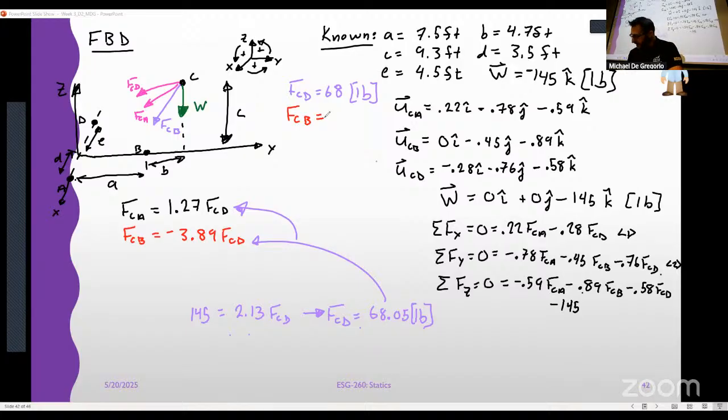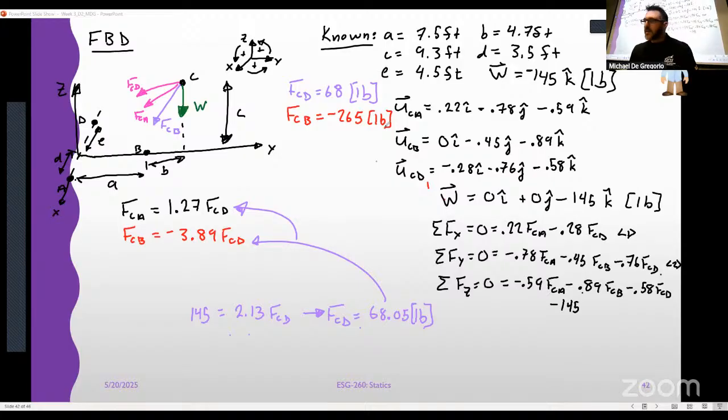We weren't asked for it, but I'm going to do it anyway right now. Negative 3.89 times 68.05. Negative 264.7. Negative 265. We'll round it correctly.